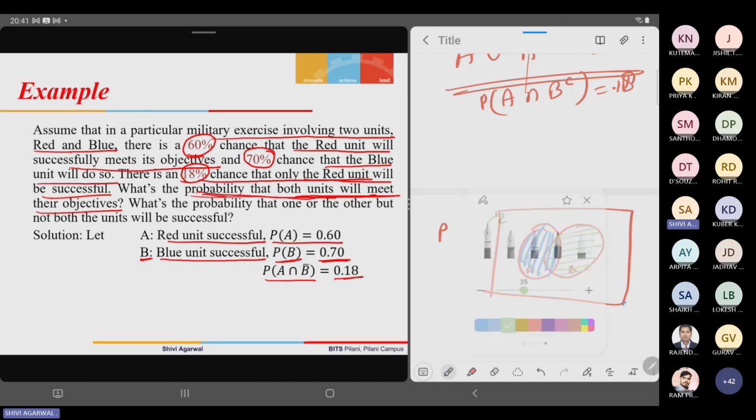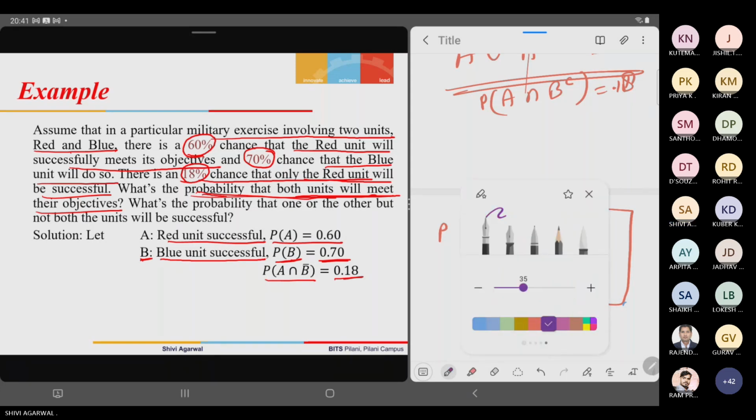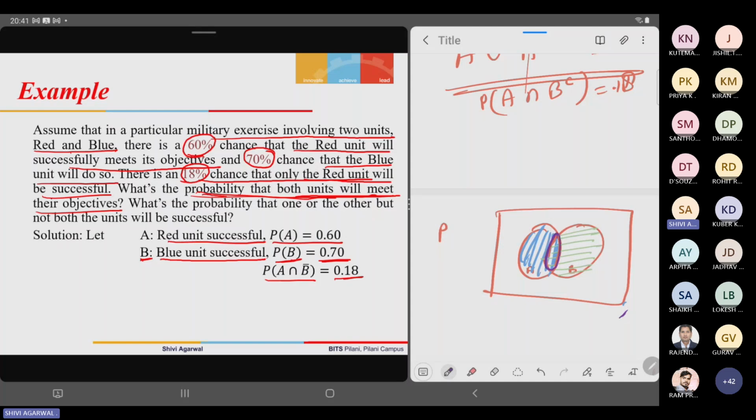Now the third given is only the red unit. So we are just talking about this part, only the red. This part is not considered. Only the red part: A is yes, but B is not.